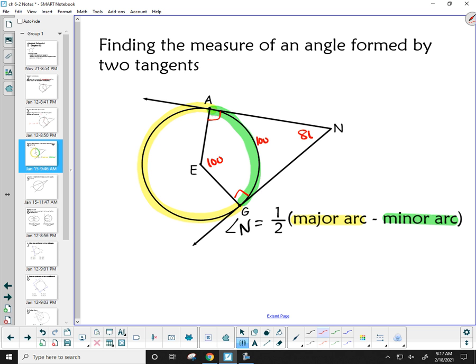So then N ends up being 80 degrees. If we use our formula, we would have 1/2 of my major arc, which we said was 260, so this is 260 minus 100, my minor arc. That gives me 160, so half of 160 gives me 80. I end up in the same place.